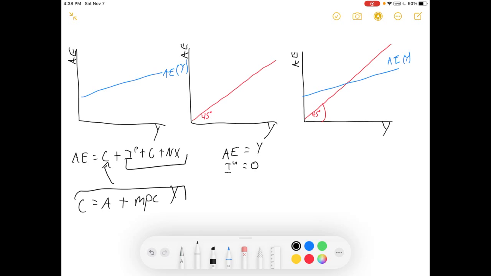Well, the 45-degree line helps us because, I don't know how familiar you are with the geometry behind it, but when you walk along a 45-degree line, Y will equal aggregate expenditure at every point along this line. That's the significance of it. Every point where aggregate expenditure equals GDP is to be found directly along this line. Every single one of those points is a potential equilibrium, and no equilibrium exists except on that line.